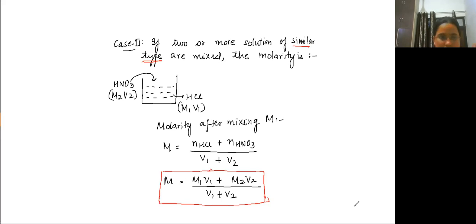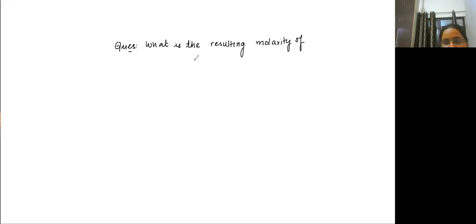Okay. So write down a question. What is the resulting molarity of the solution?